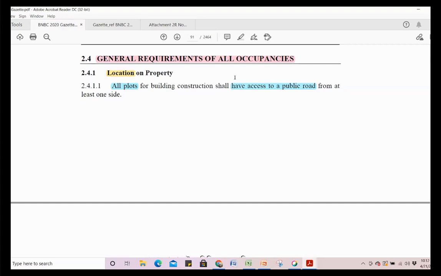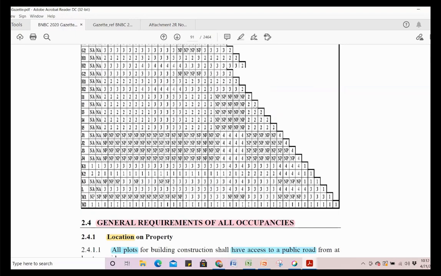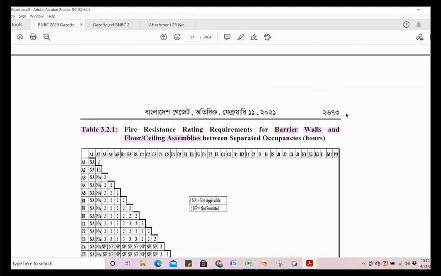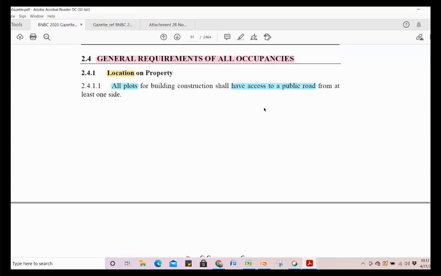So you can see that this is page number 2673. We are starting from here, and at the very beginning we have a subtopic called location on property. So this is a general requirement for all the occupancies.